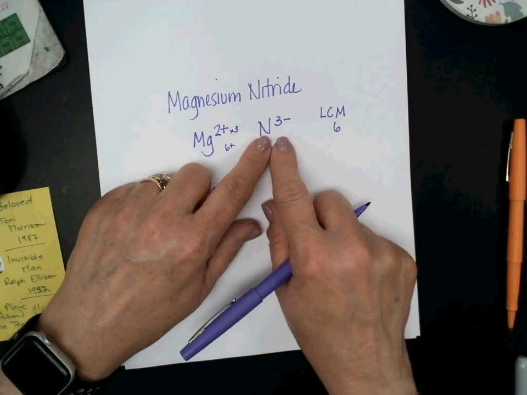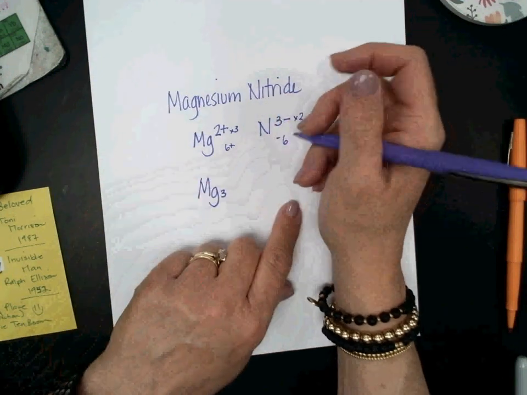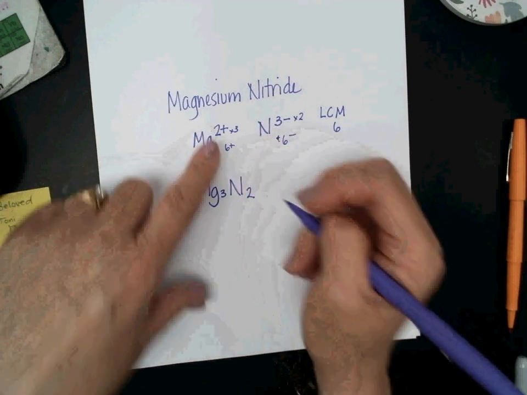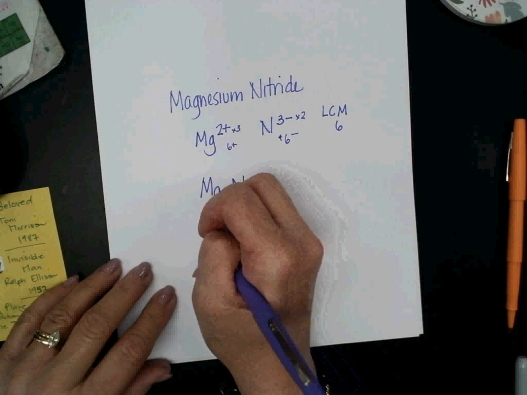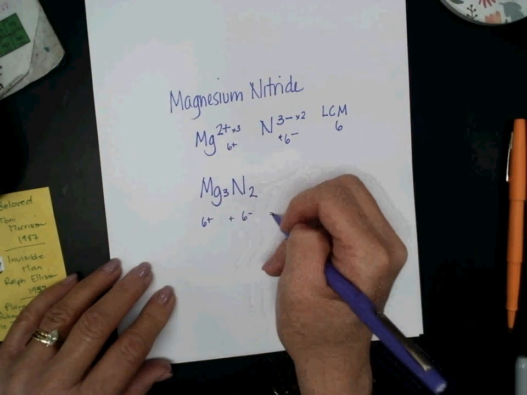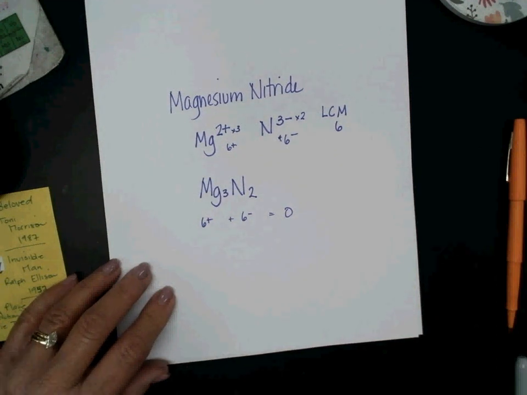And then I say, what do I have to multiply 3 by to get 6? Katie Paulus just told me 2, so times 2 gives me a 6 minus, so down here I write N2. So now this represents a 6 plus, and this represents a 6 minus. If I add those together, I get 0.